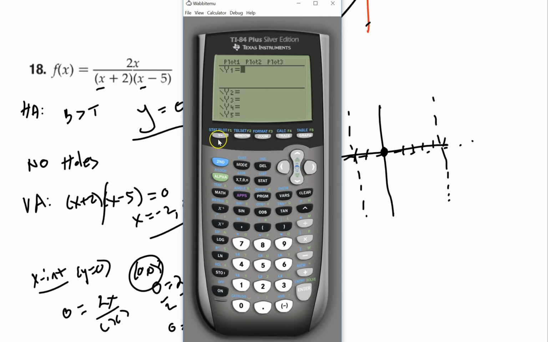So let's go. Alpha y equals, right? Easiest way to do it. Also the prettiest: 2x. On the bottom, make sure you use your parentheses. x plus 2, parentheses, x minus 5. And you get this. And again, notice how the middle one crosses the horizontal. So you could do that.